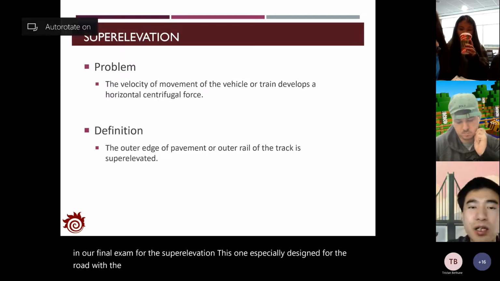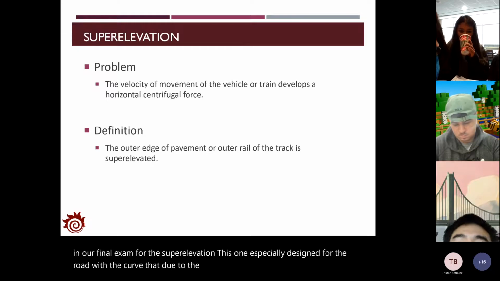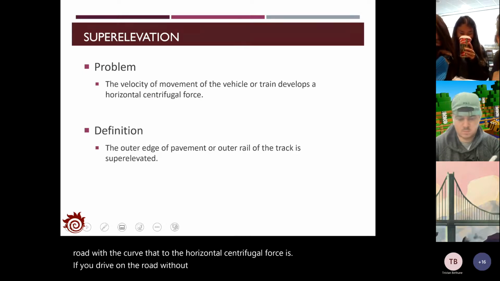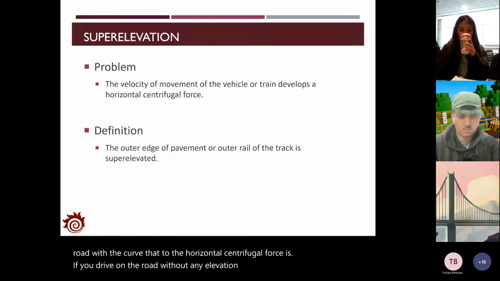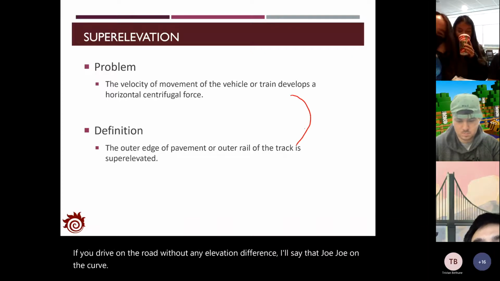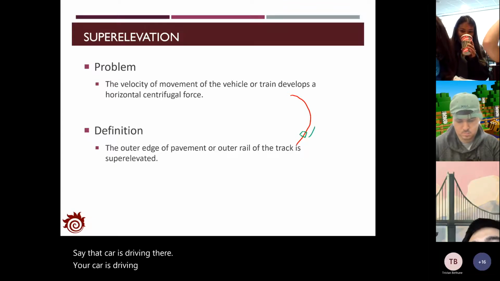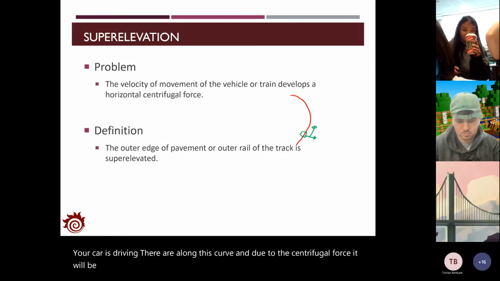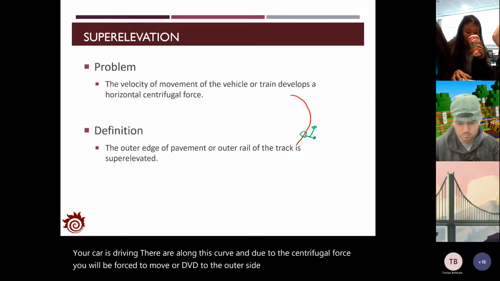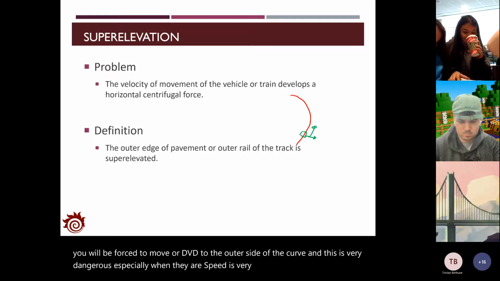You know that due to the horizontal centrifugal force, if you drive on the road without any elevation difference, say that a car is driving there along this curve, due to the centrifugal force, you will be forced to move or deviate to the outside of the curve, and this is very dangerous, especially when the speed is very high or the truck is very heavy.